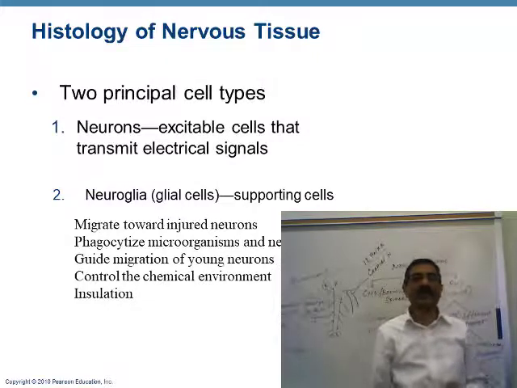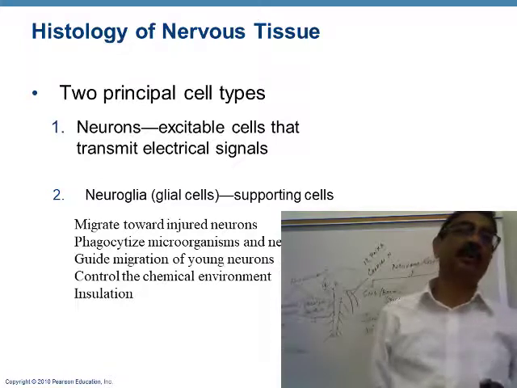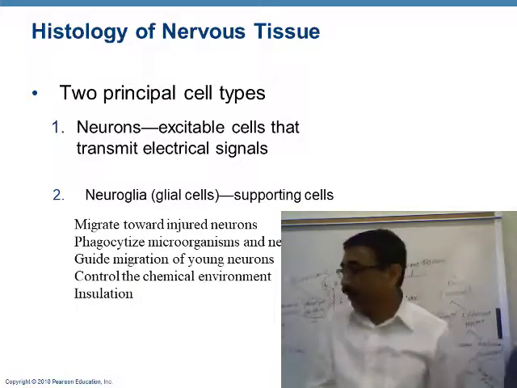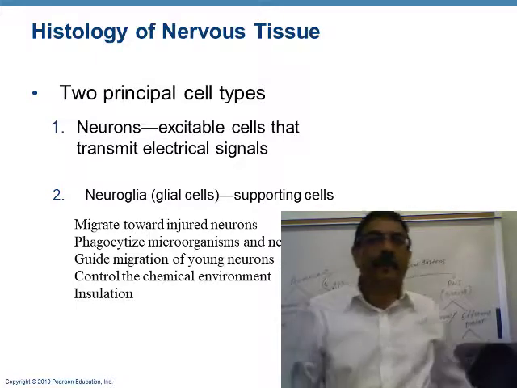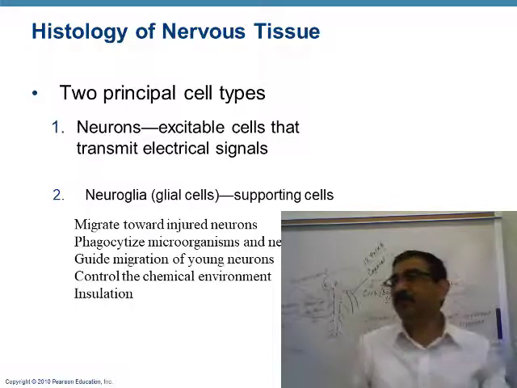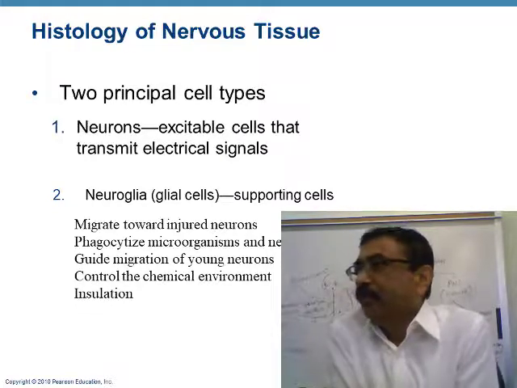The types of cells in the nervous system or neural tissue. Two types of cells are present. Supporting cells are called the neuroglial cells and the main cells are called the neurons. First, what are the functions of the neurons, the main cells?